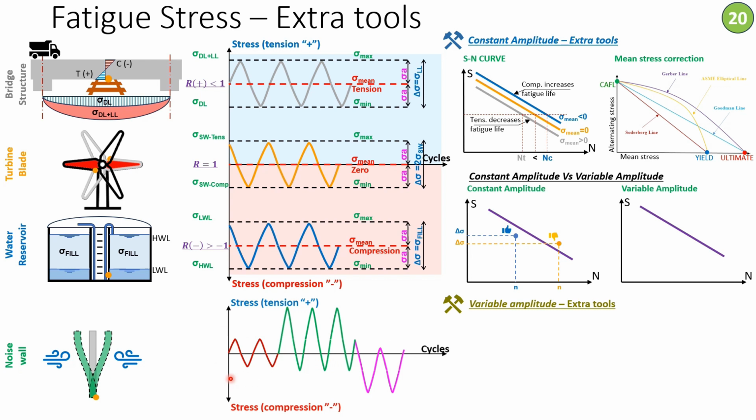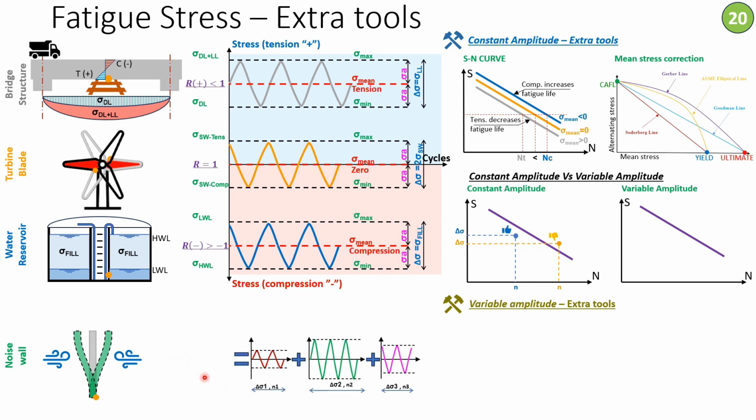From there, we can change this view to a more friendly view. We believe that this random plot is a group of constant amplitude cyclic loads that happen with a certain stress range for a certain number of cycles. Putting them together will give us the original random plot of the wind load.